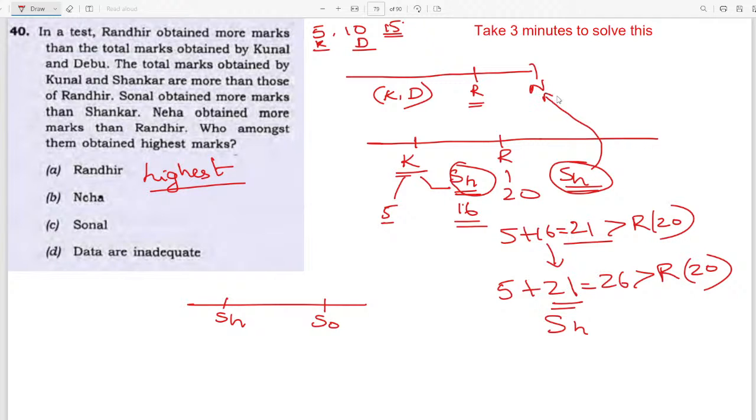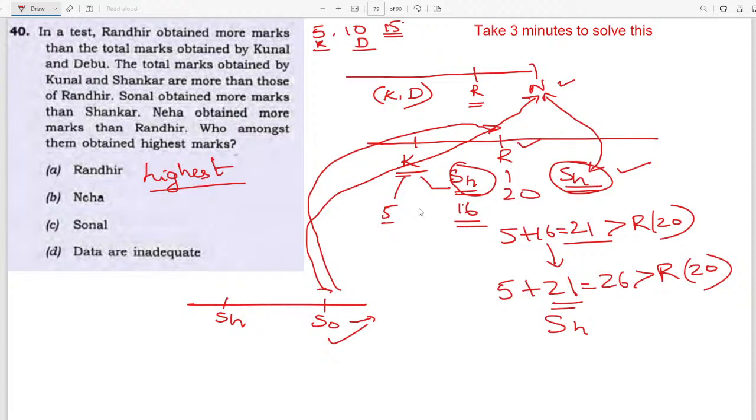For example, SH can be less than N, but we don't know the relationship between Sonal and Neha, and also Sonal and Randir. So we don't know any relationship between these variables.